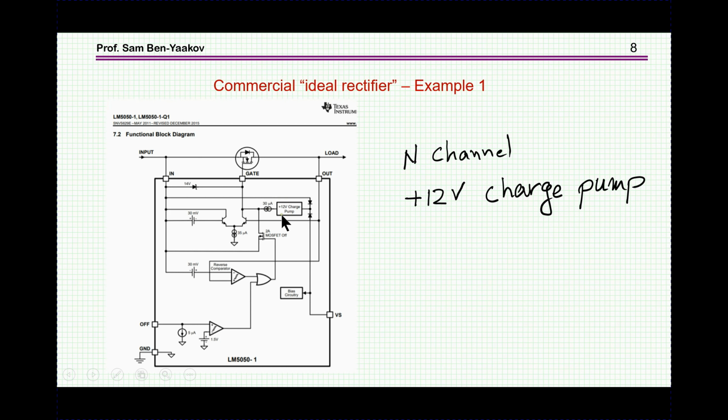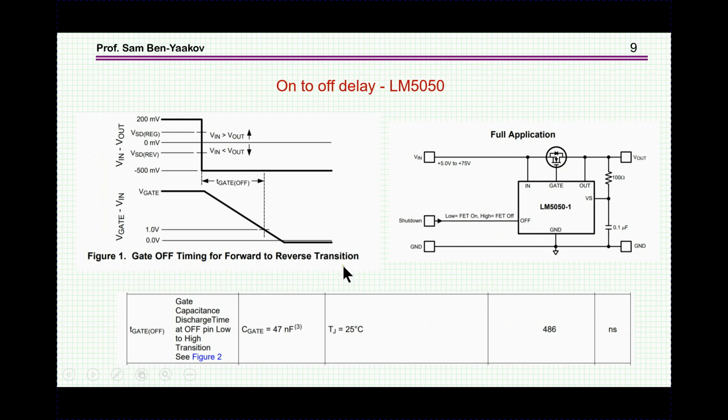So they have here a 12-volt charge pump power supply that provides this voltage above the source line, keeping the transistor on. Now the question, of course, is how fast is this device?